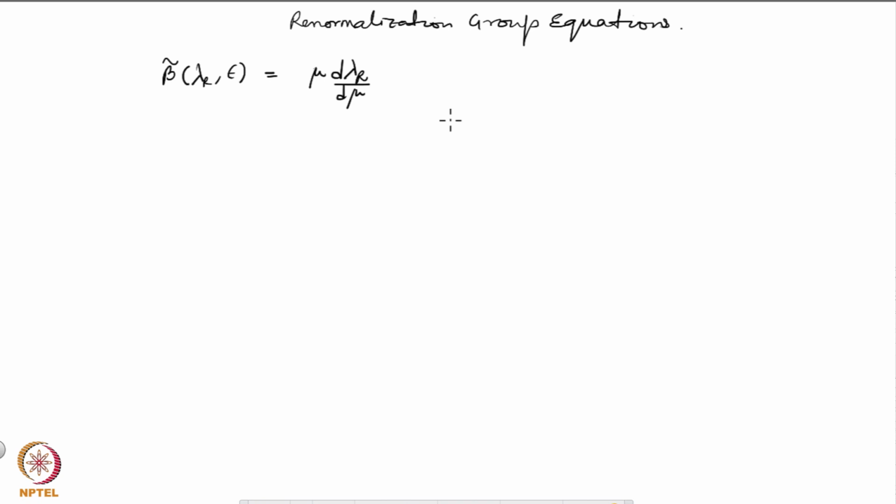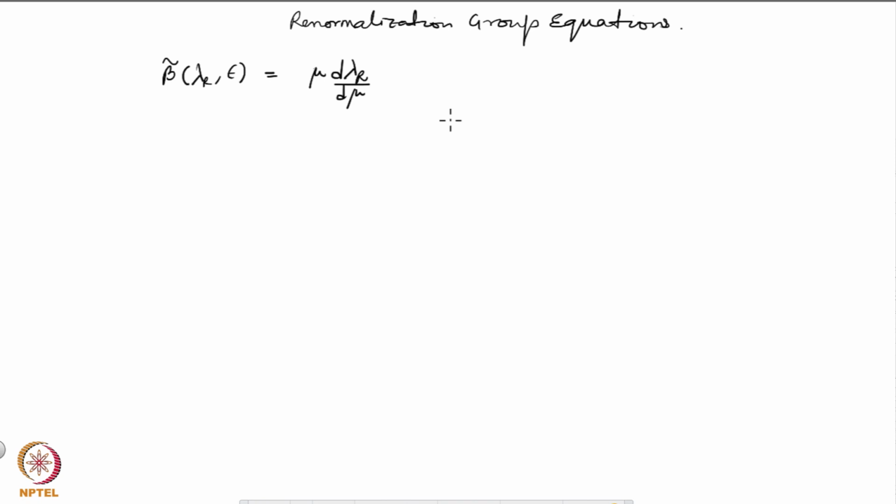And what we are trying to learn here is that if we were to change mu, how I should change the coupling constants, the renormalized coupling constants, such that the theory remains unchanged. Okay, meaning the change should be such that in the renormalized couplings and the renormalized mass parameters, the bare parameters do not change.